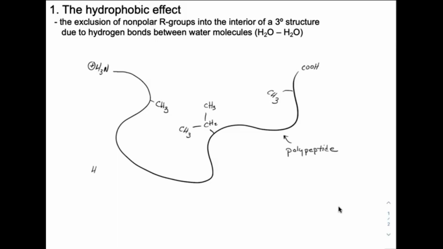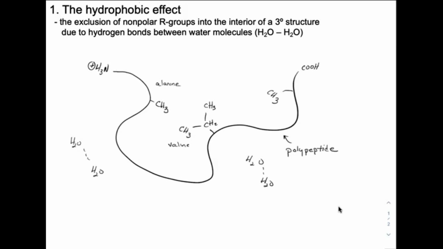It's not going to be able to hydrogen bond with anything. So there's water out there on the outside. Consider this the outside of the polypeptide. And those water molecules are going to be hydrogen bonding with other water molecules. So what that does is it forces all of the nonpolar groups away from the water, essentially, as the water arranges itself around this structure.